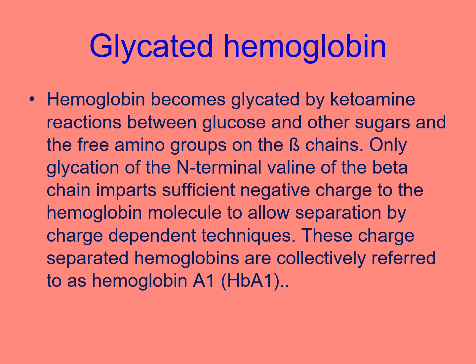These charge separated hemoglobins are collectively referred to as hemoglobin A1, and among them hemoglobin A1C is the one we take. If its value is more than 6.5, we say that the patient is most likely diabetic. And this is nowadays one of the most important parameters to monitor the progress of diabetes mellitus.